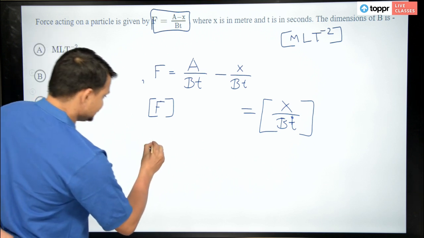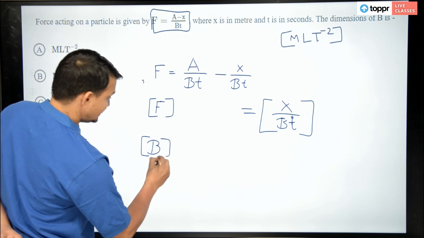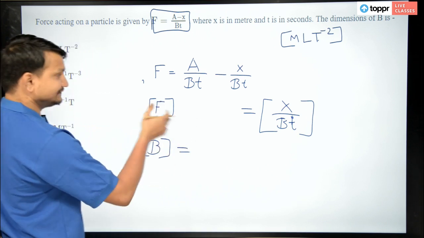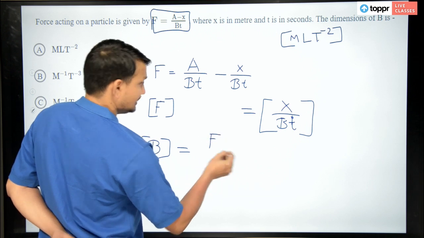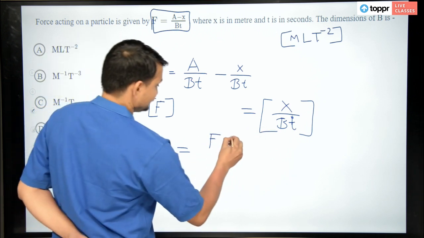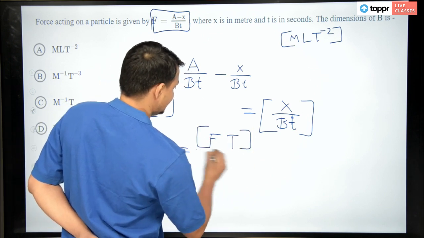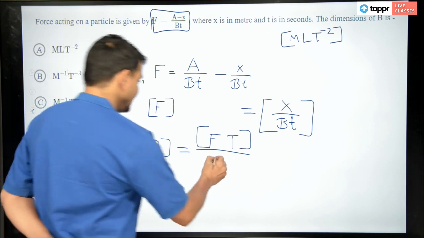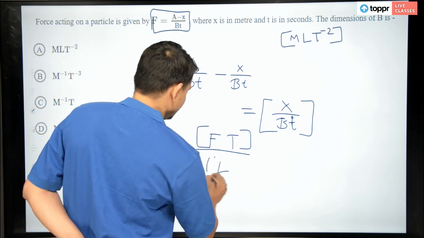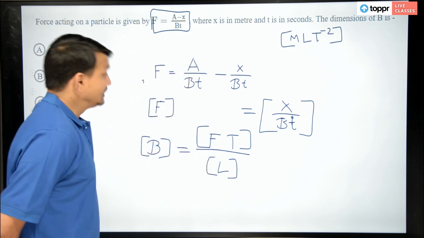So the dimension of B, this fictitious quantity B, is equal to F times T divided by X, where T is time, so we can write it as capital T in the dimension, and the dimension of X is L.